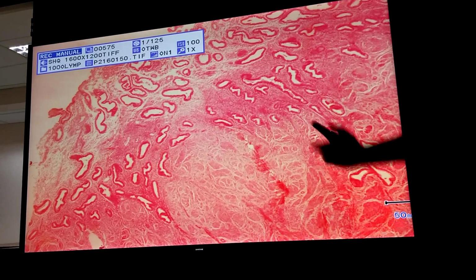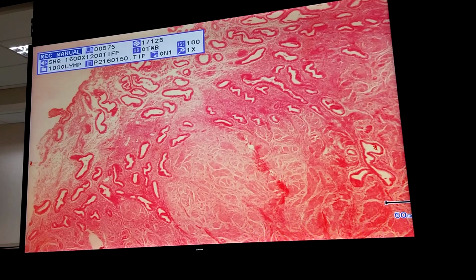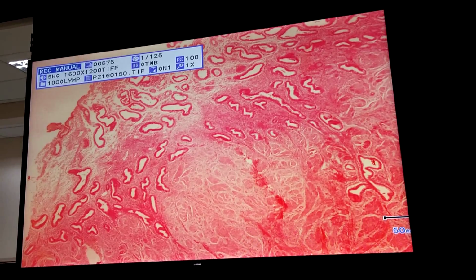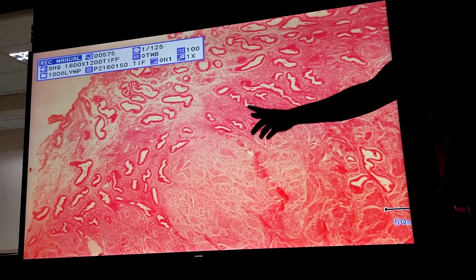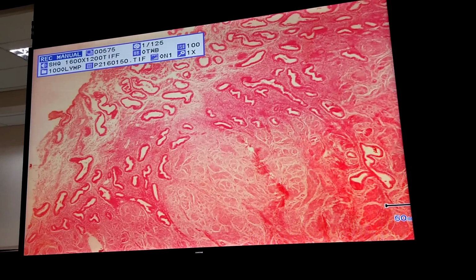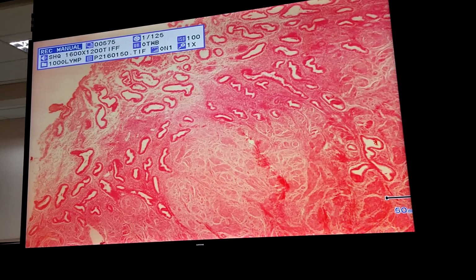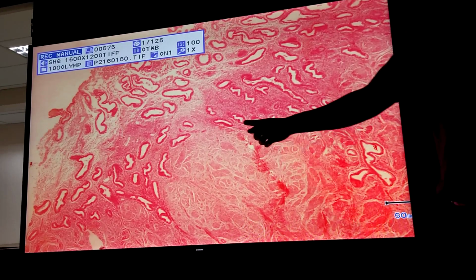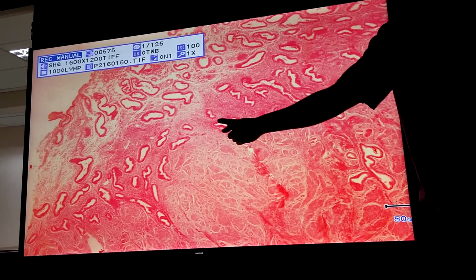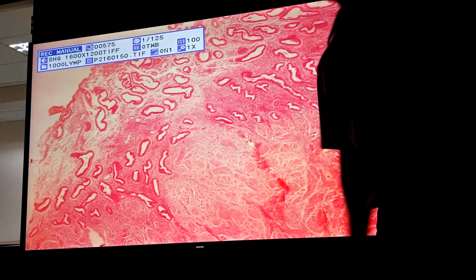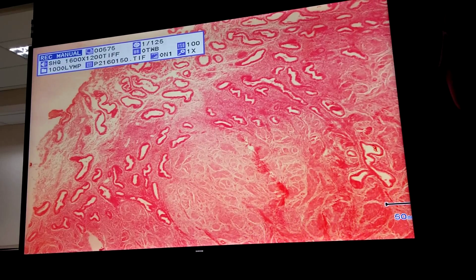Now, during proliferative phase, which is under the influence of estrogen, the glands, so these are the endometrial glands, they are lined by what type of epithelium? Simple columnar epithelium, okay? The glands will appear straight and narrow.